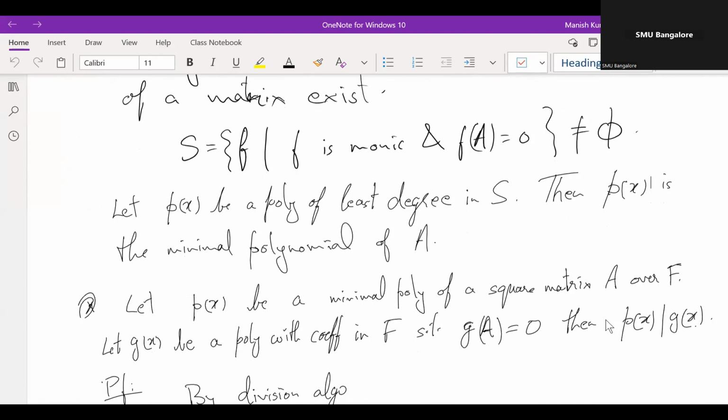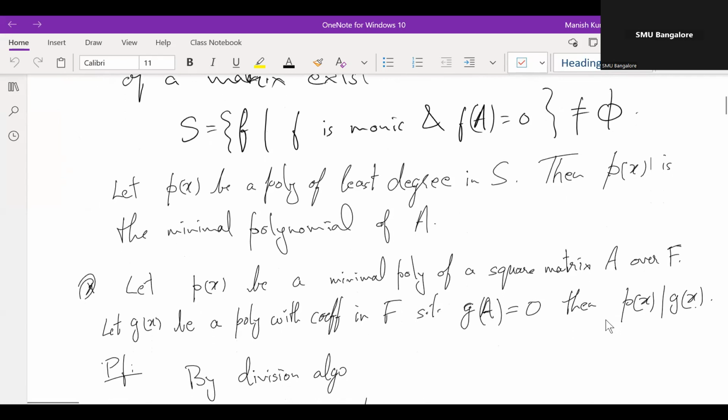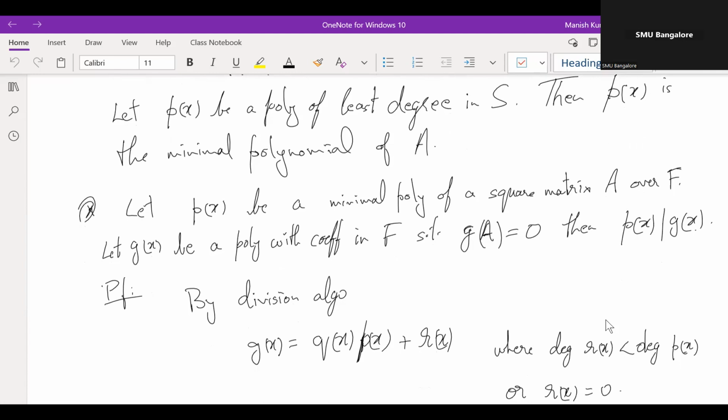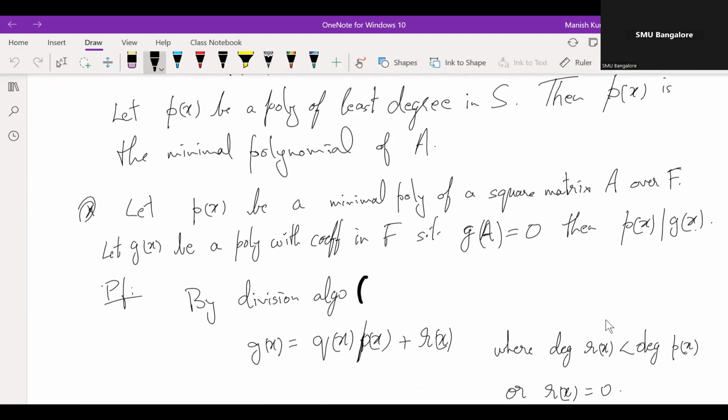This is not difficult. You just use the division algorithm. You try to divide g(x) by p(x), and you get the division algorithm, also known as the remainder theorem.